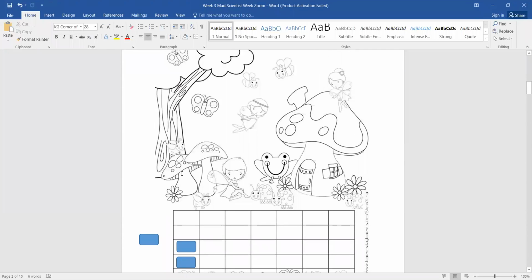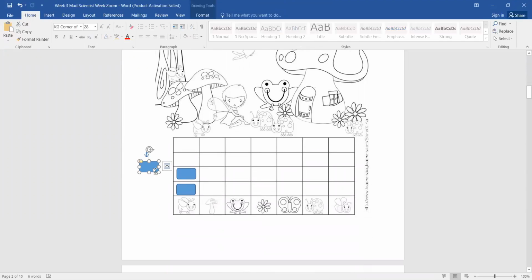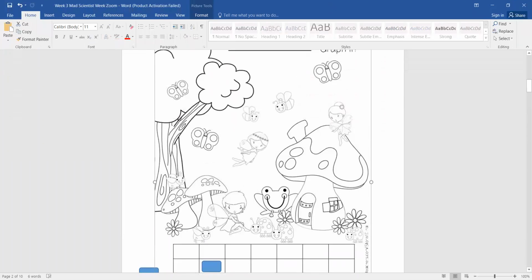I see 1 mushroom, 2 mushroom, and this house is a mushroom, so we'll count that as well. So 3. So we need to put in 3, 2, 3. Okay, frogs. How many frogs do we see?